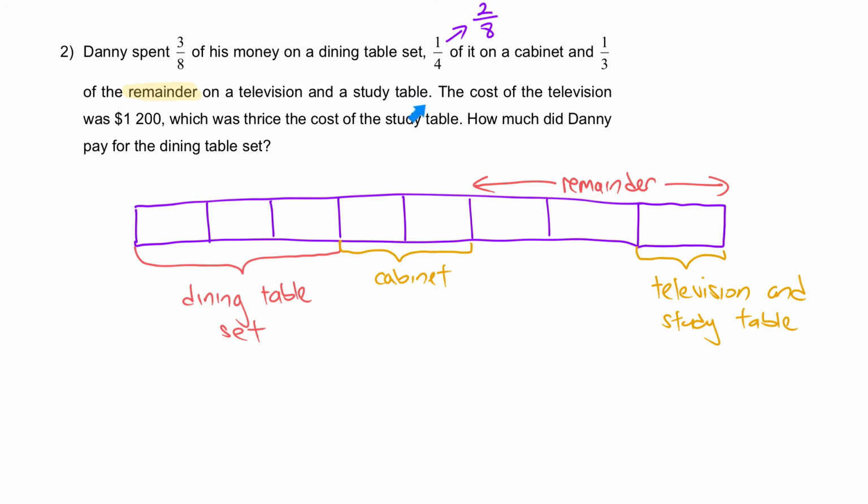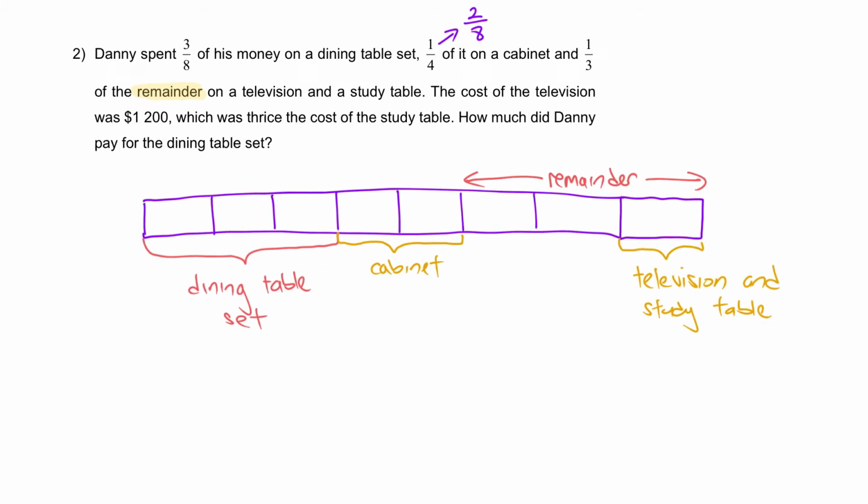Moving on. The cost of the television was 1,200, which was thrice, meaning 3 times, the cost of the study table. Now over here, you think about it. If the cost of the television is 1,200 and this is 3 times of the study table, can we figure out the cost of the study table first?